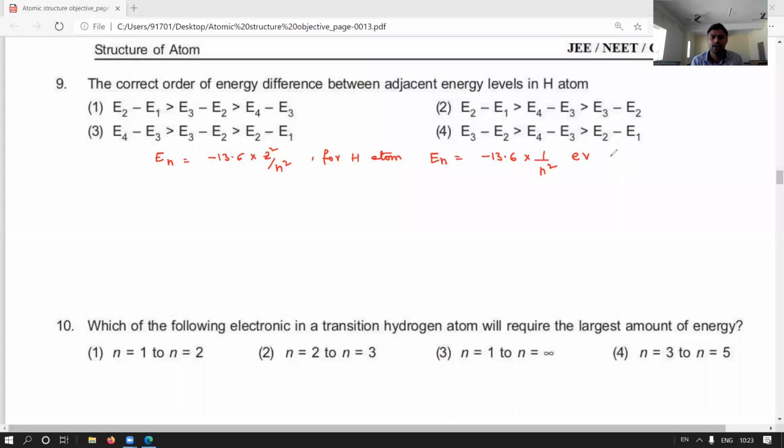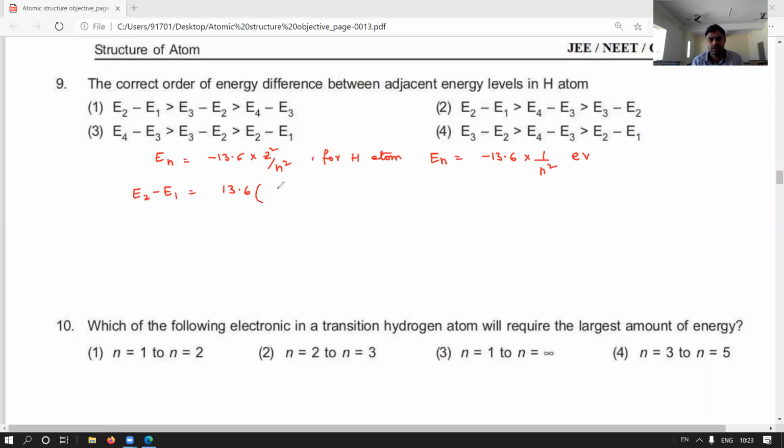Okay, it is very clear. Now the E2 minus E1 value you have to find out. That means N is equal to 2 and N is equal to 1.